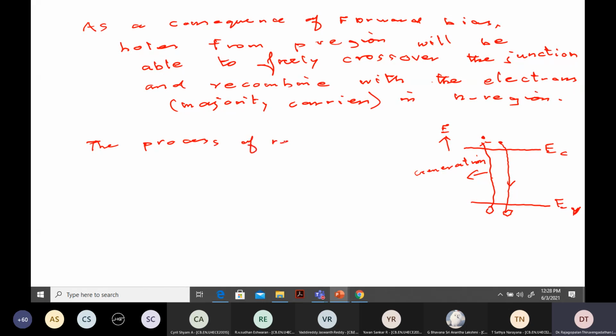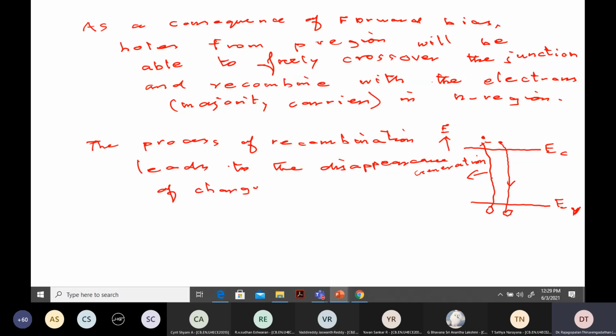The process of recombination leads to the disappearance of charge carriers.